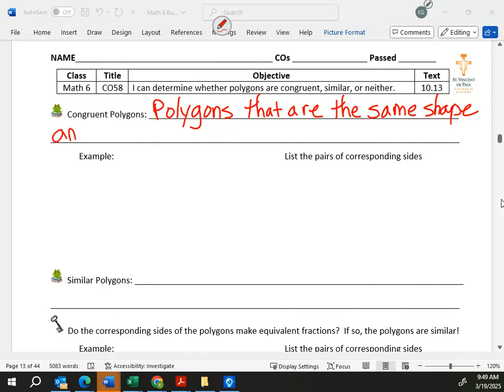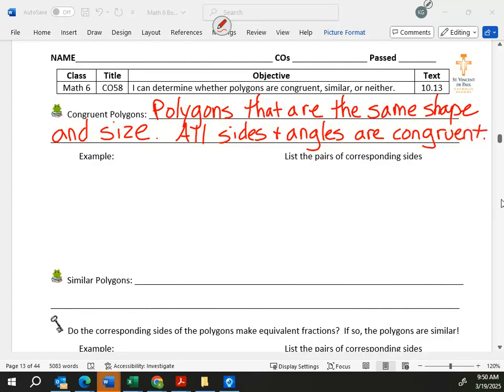So we know congruent means same measurement. So polygons that are congruent, they're identical. Same shape, same size. All sides and angles are congruent. They need to be identical.